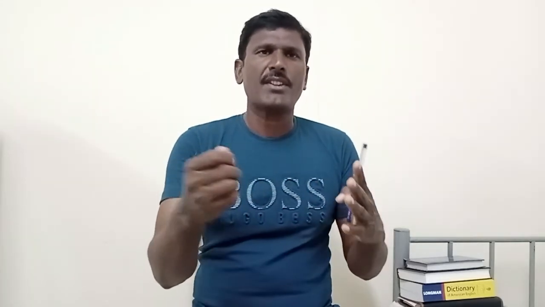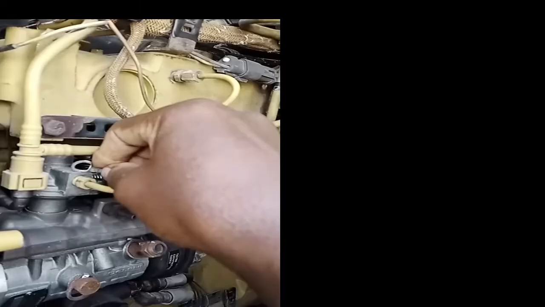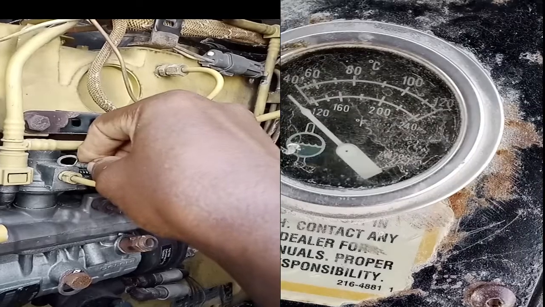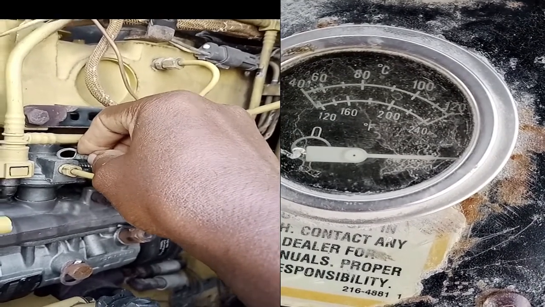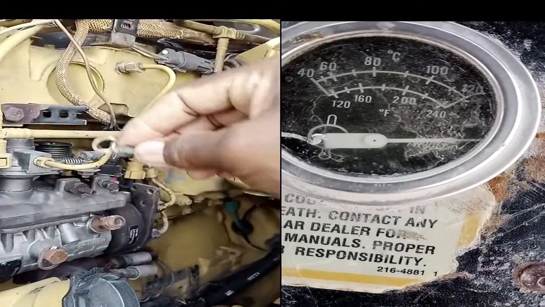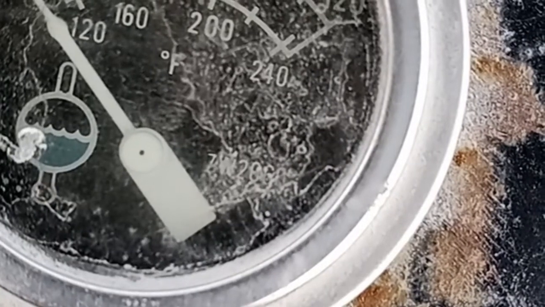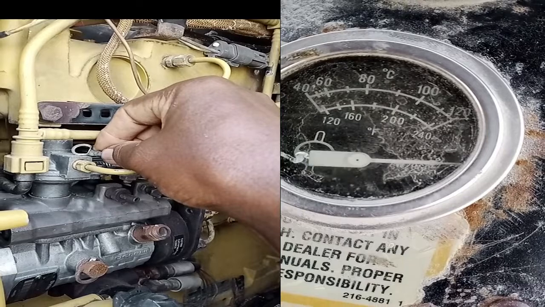When I ungrounded the wire, the needle fell down. You can see the video: the gauge needle is fully up, rising completely. Ungrounded, now you can see the gauge has fallen down completely. Grounded, the needle goes up.